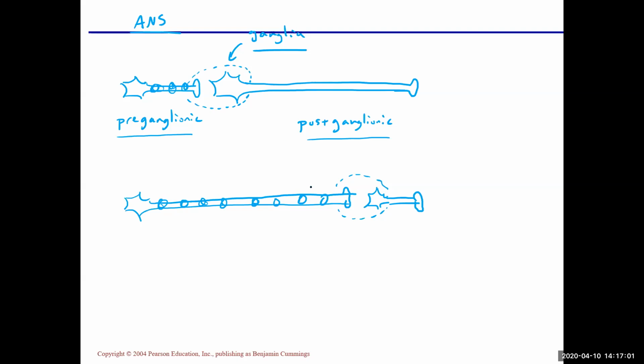Now, the neurotransmitters. The neurotransmitter between the preganglionic and postganglionic is always acetylcholine. So earlier we mentioned this, that is the same as somatic nervous system. So these two happen to be acetylcholine.